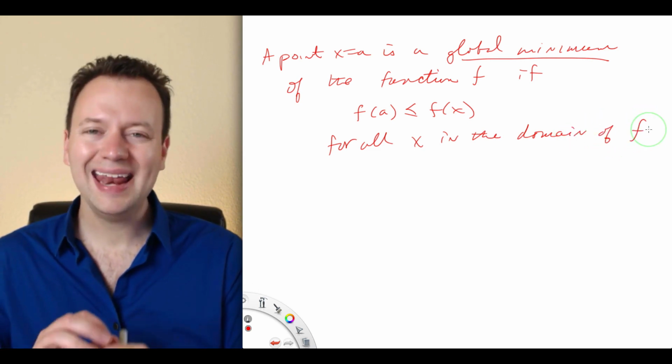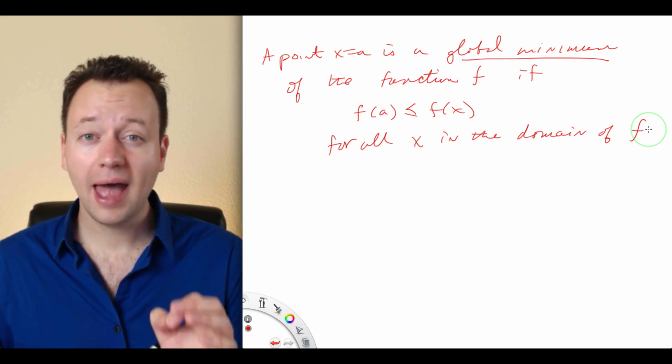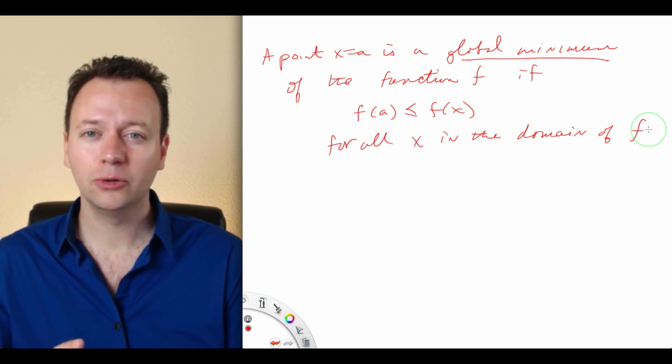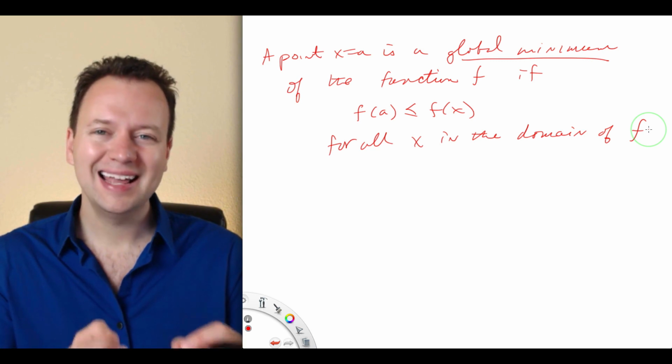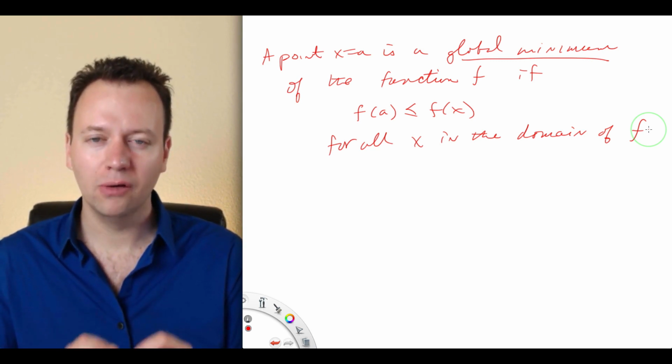So in other words, for any x value for which the function is defined, the output at the point a will always be less than or equal to any of the other outputs. It's the absolute or global minimum value of the function.